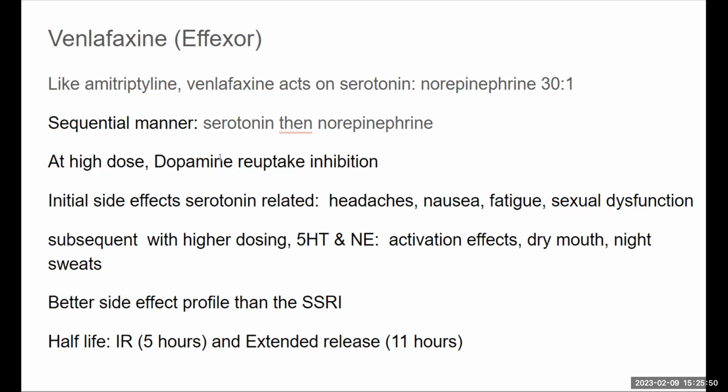If you increase the dose further, it would act on dopamine reuptake inhibition. The initial side effects follow the way it works sequentially: first serotonin-related side effects, and then side effects related to noradrenaline as well. Overall, they have a good side effect profile compared to SSRIs.